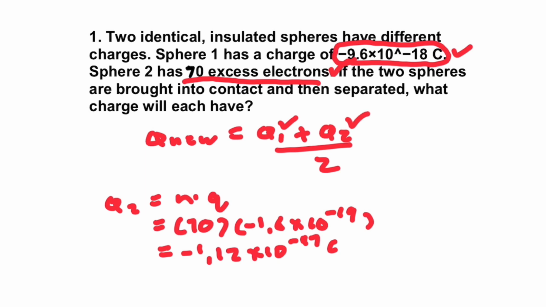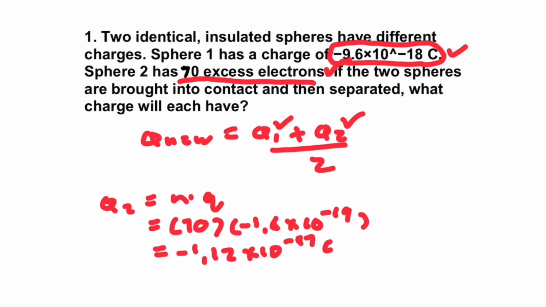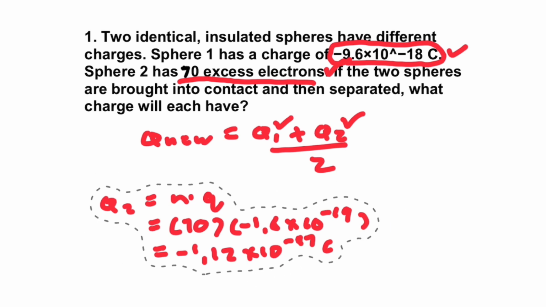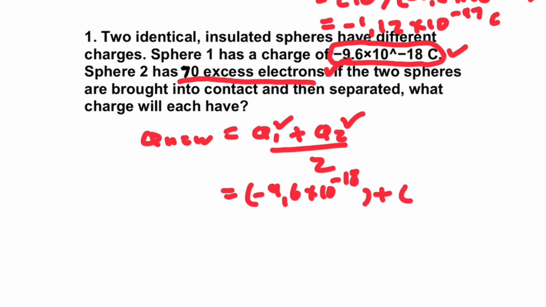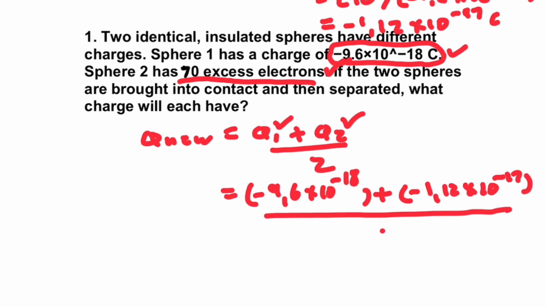We can go ahead and substitute in order to find the charge that each sphere will have after separation. So Q1, the charge on the first sphere, is minus 9.6 times 10 to the minus 18, plus the charge on the second sphere, minus 1.12 times 10 to the minus 17, everything divided by 2.